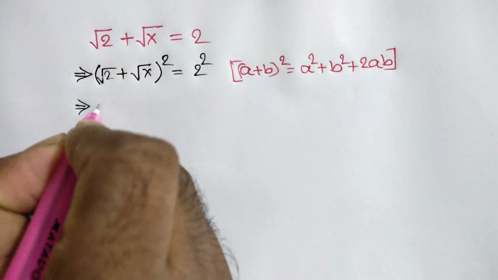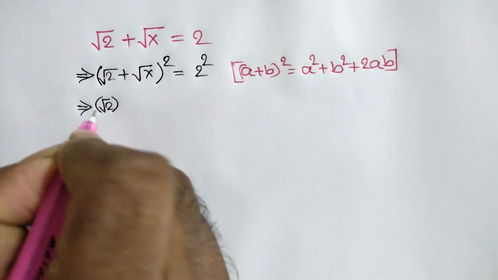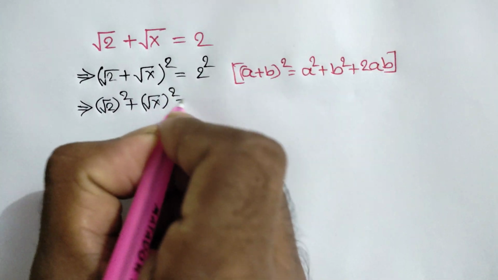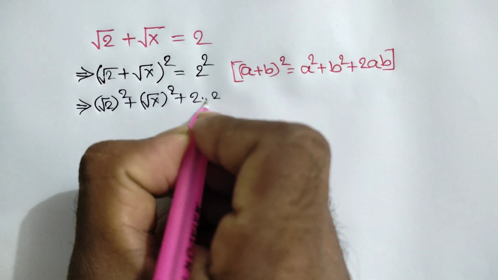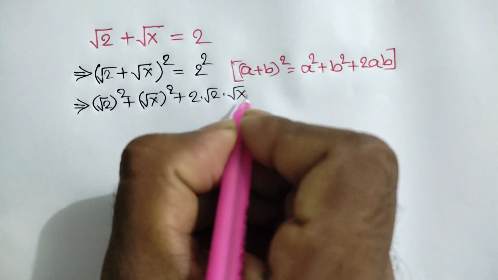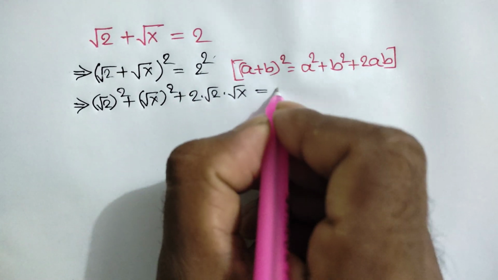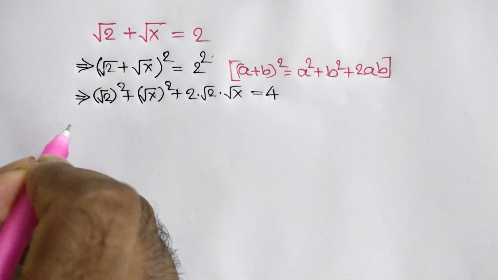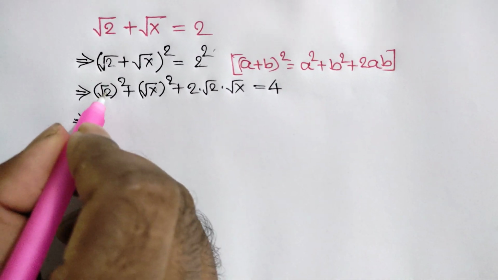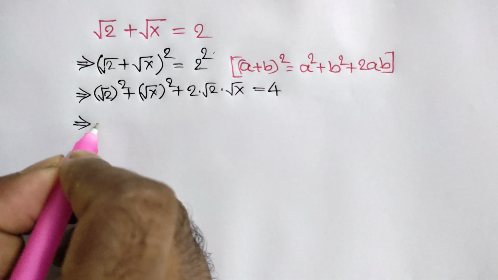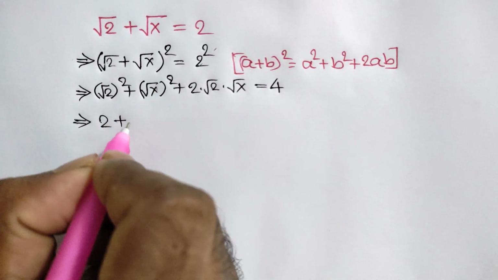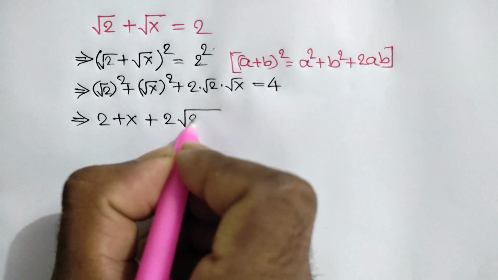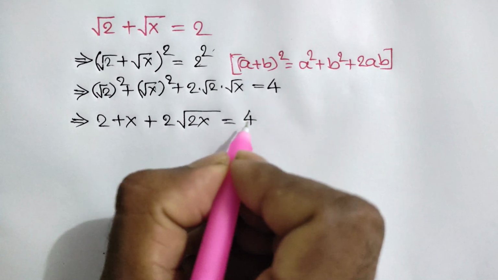We can write (square root of 2) square plus (square root of x) square plus 2 times square root of 2 times square root of x is equal to 2 square, that means 4. Now the square cancels the square root, so here we will get 2 plus, similarly, x plus 2 times square root of 2x is equal to 4.